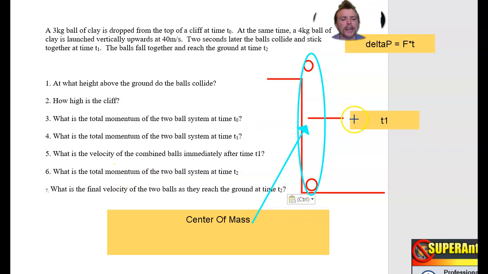We can do the same thing with energy as well, except in the end, we do know that during that collision, there is some energy lost. But once that energy is lost, and we know that final velocity, we don't necessarily have to solve for the whole motion to the ground to know what our final velocity is going to be. We can just use conservation of energy, like we would before, and solve it that way.